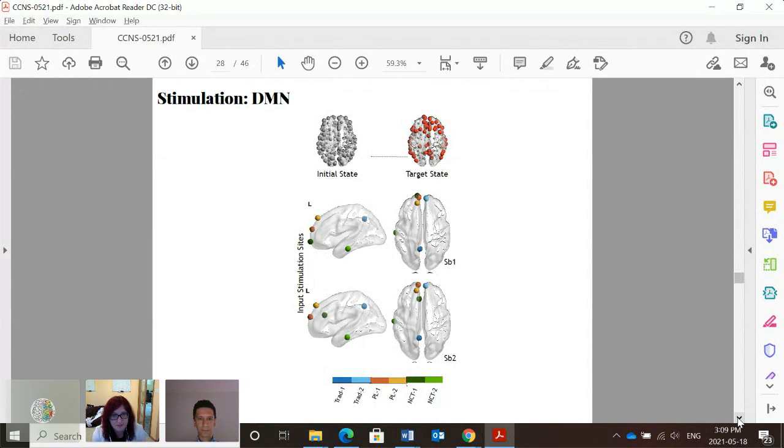So the blue ones from the literature, the orange ones from path lengths, and green ones from network control. They're pretty different, right? There's quite a lot of variation between where these are coming out in the brain. There's some consistency in prefrontal cortex, but we're seeing a bunch of variation towards the back of the brain for the more personalized approaches.